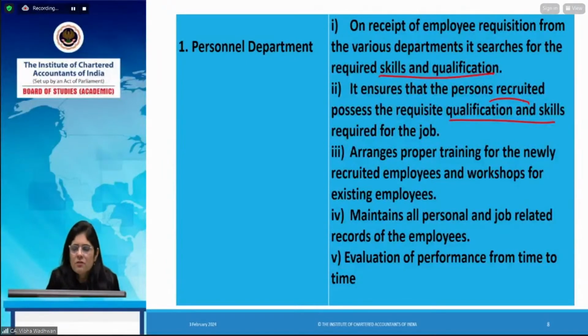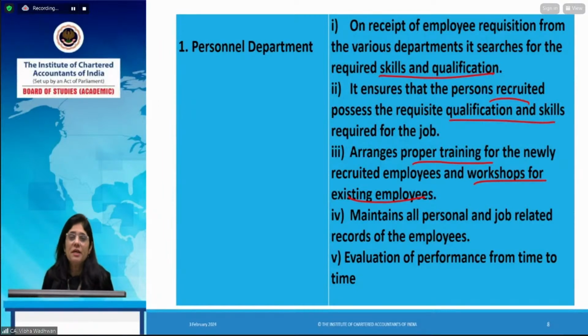When the recruitment is done, then proper training for the newly recruited employees and workshops for existing employees. All right. For the newly recruited employees, first you have to give them training. Then only they can work with that efficiency. Every organization has a different setup.